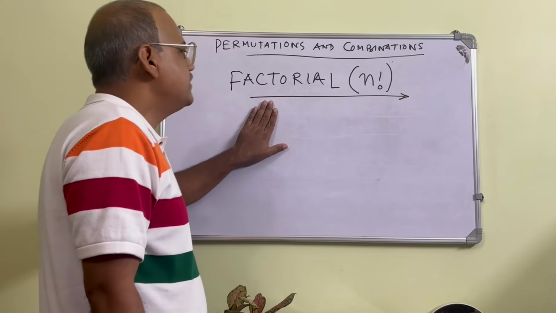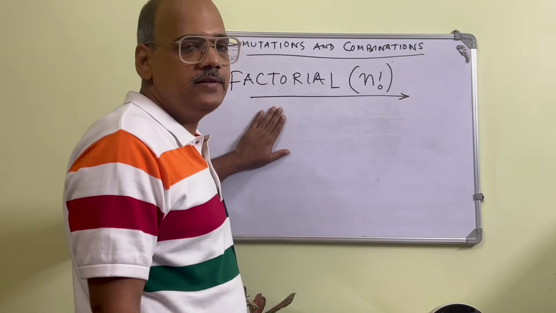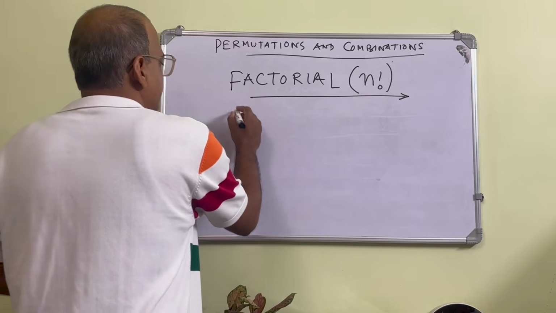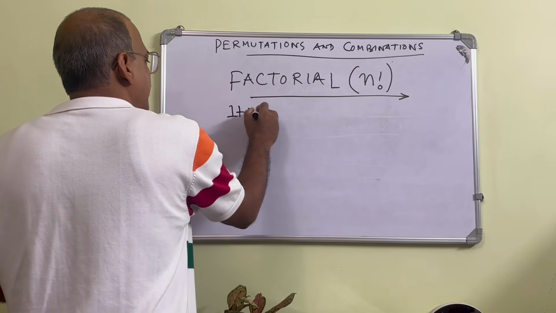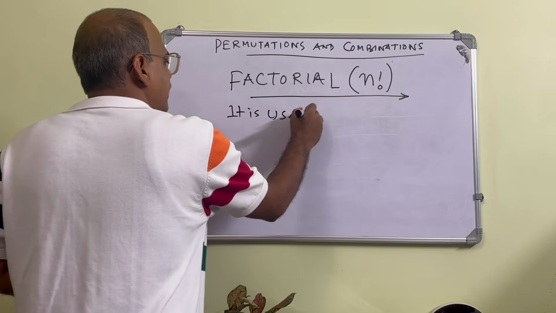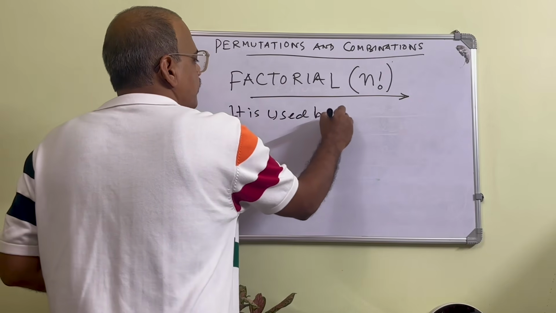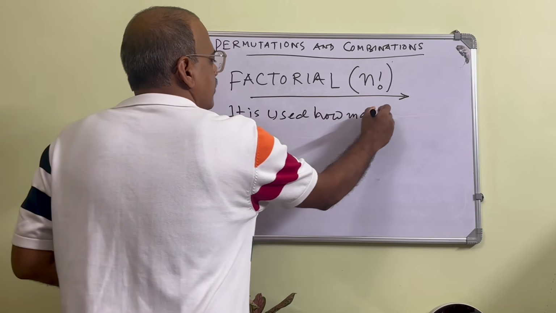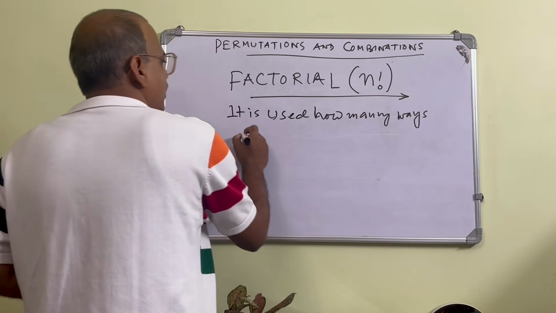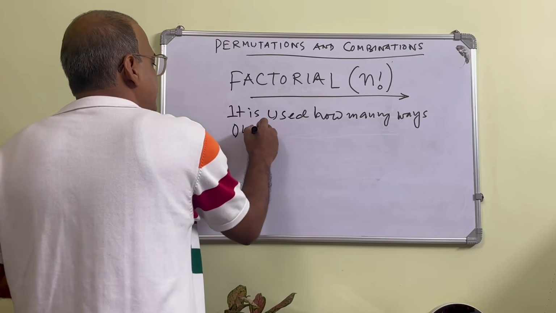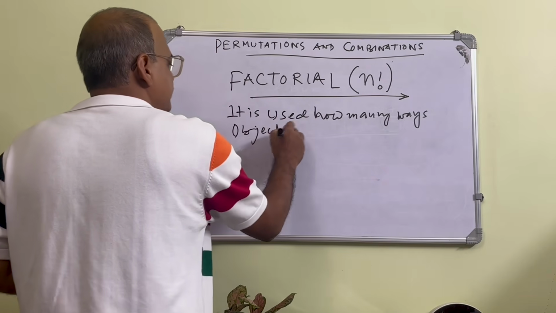Factorial is used to find how many ways objects can be arranged.